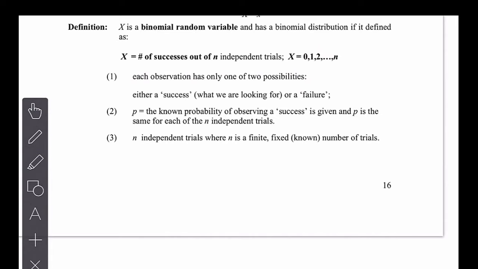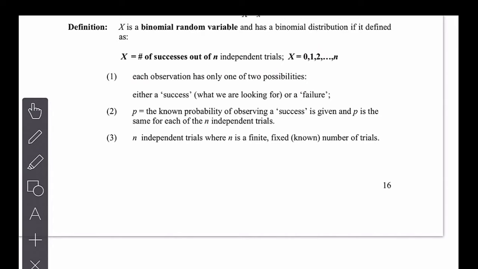So everything is relative to seeing the thing I'm looking for. I'm going to refer to the thing I'm looking for as a success. Okay, so either I'm observing married couples, and I'm going to say success is the chance that they're still married in 5 years. So success is staying married.